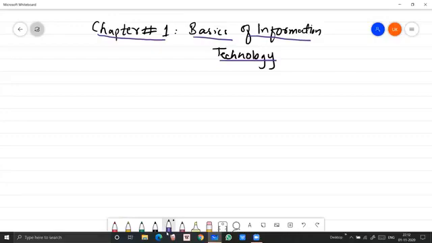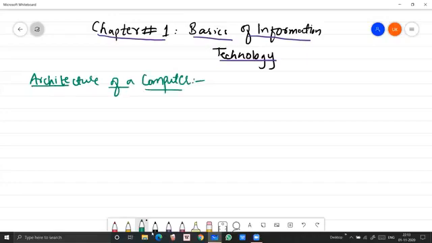So first we'll just write the topic so you can understand. In architecture of the computer, in this series, we have 3 basic components which we have started.